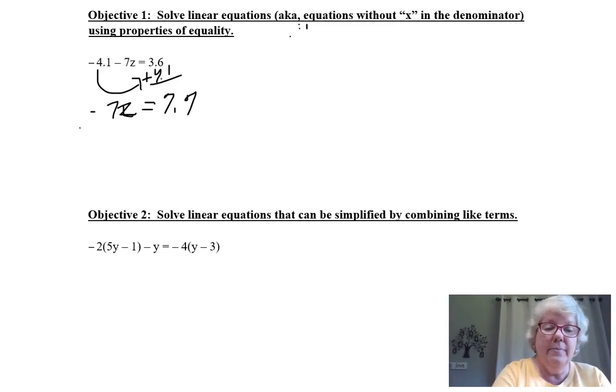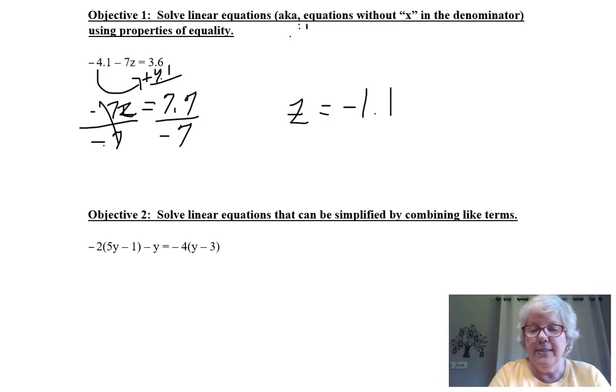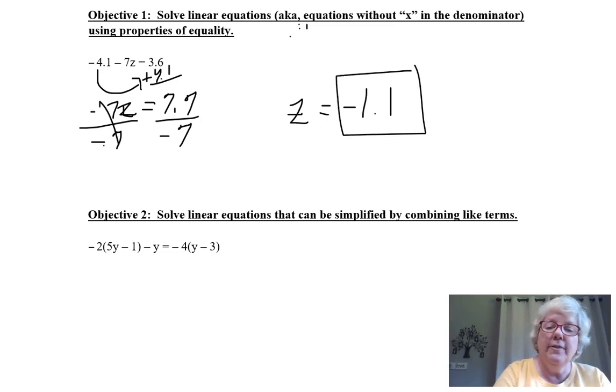Then the last step is to divide by the number in front of the letter, the coefficient. And that will give me z equals negative 1.1. Notice I put a slash in my z because my z's and my 2's look a little alike. We say that the solution then is negative 1.1 for this first equation.